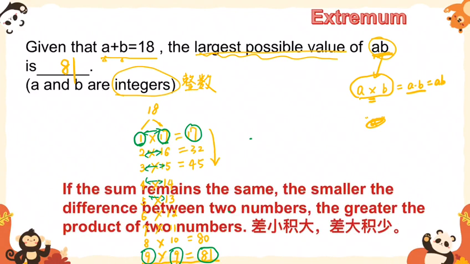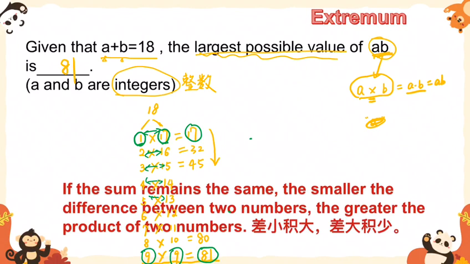So in this kind of problem, we can draw the conclusion: if the sum remains the same, the sum meaning a plus b is 18, this is fixed, 是固定的, the smaller the difference between the two numbers, the greater the product of the two numbers. In Chinese, 差小积大, 差大积小.